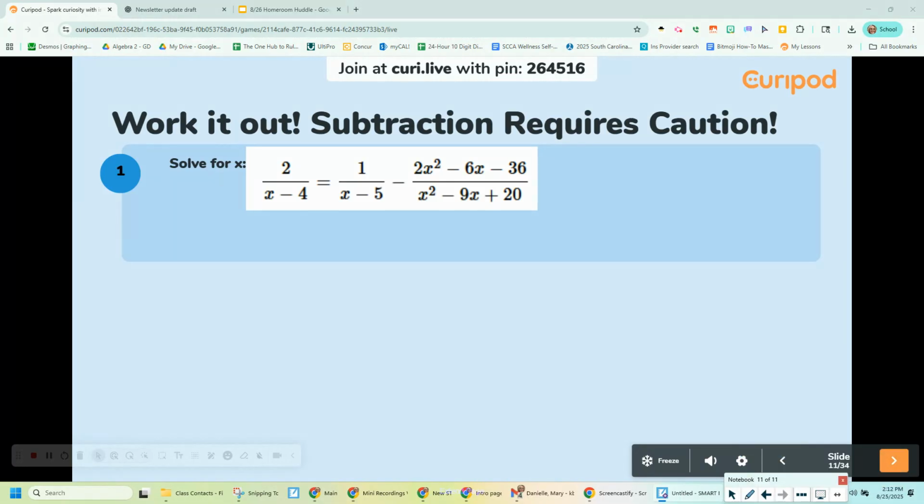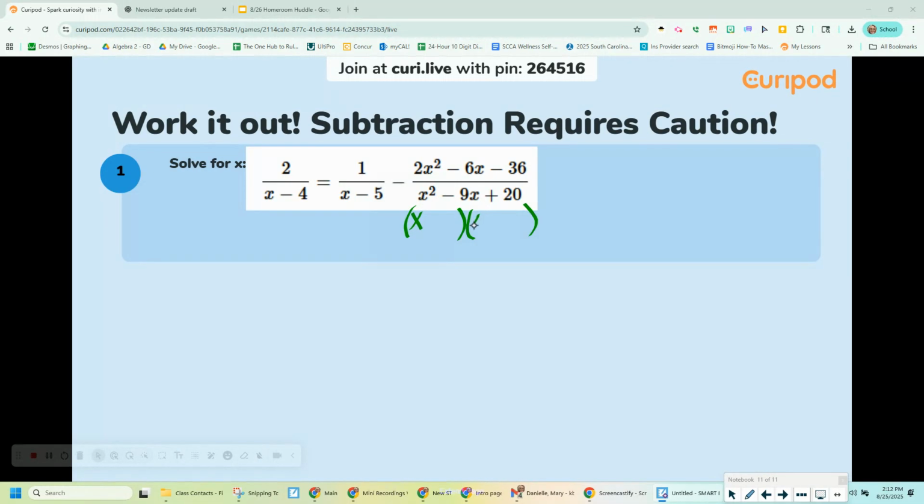All right, first thing we're going to do is factor the denominator here, x squared minus 9x plus 20, into its linear form. What are the factors of 20 that add up to -9? That would be x minus 4 and x minus 5.